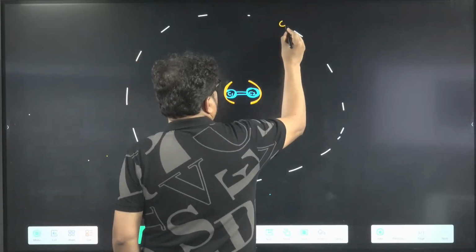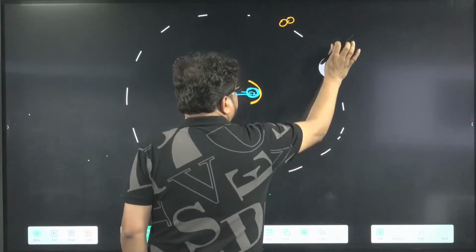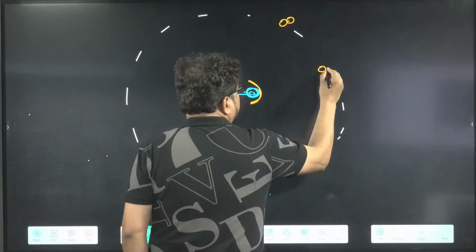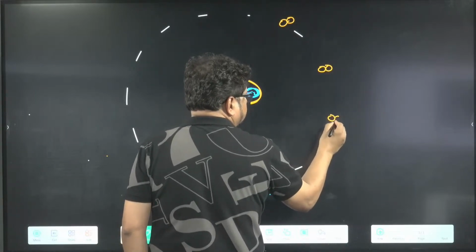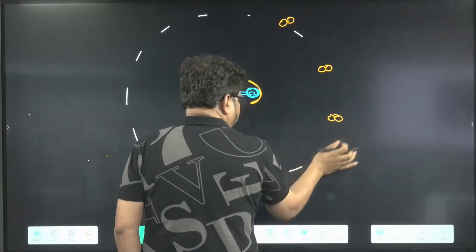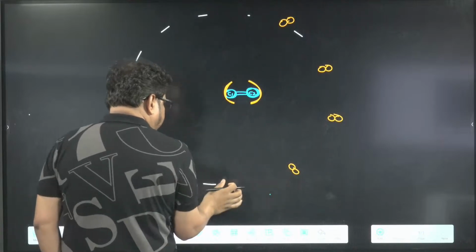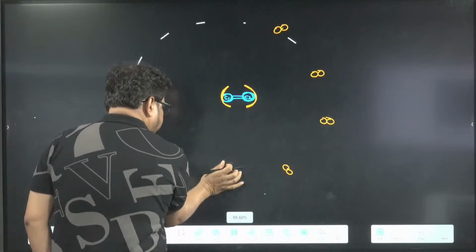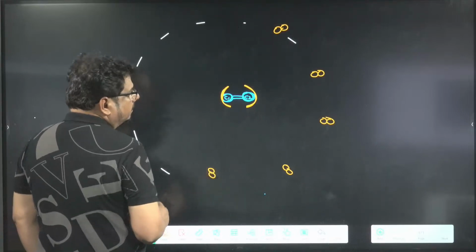Suppose that it is one doublet, it is the second doublet, it is the third doublet, right? Here it is the fourth doublet, then the fifth doublet, right?